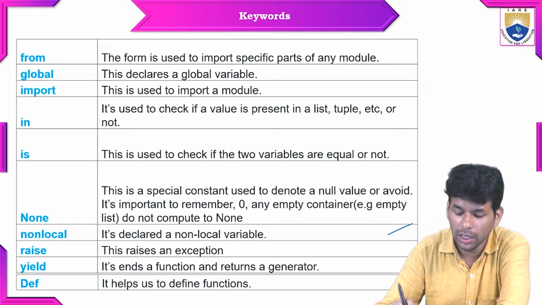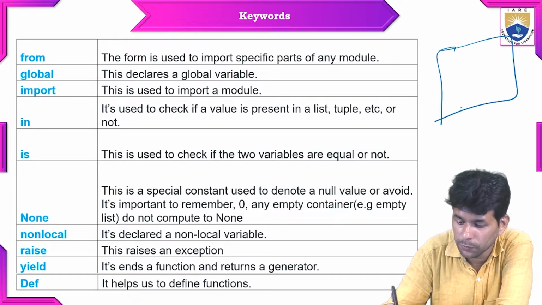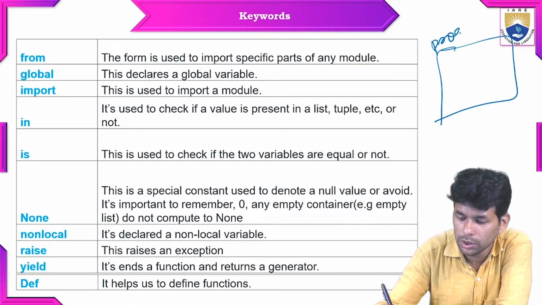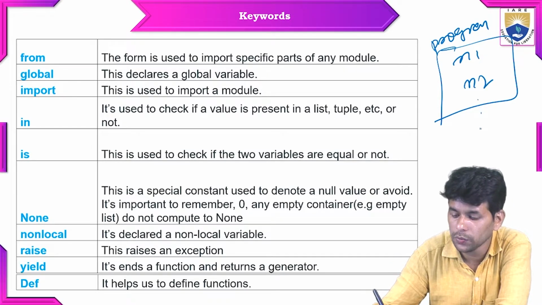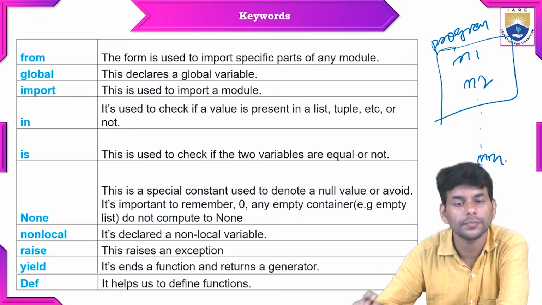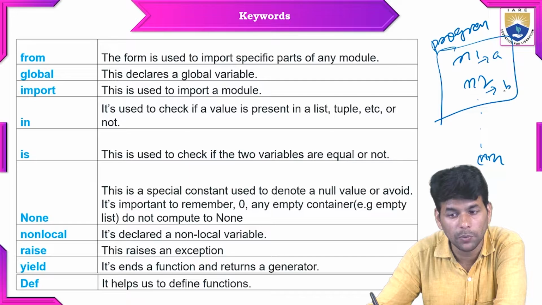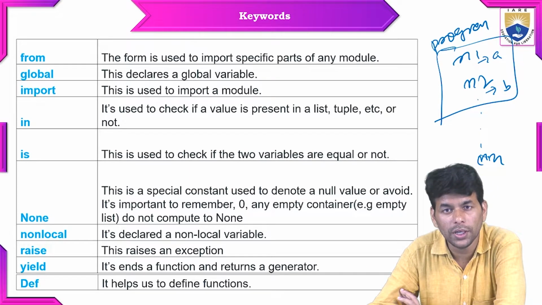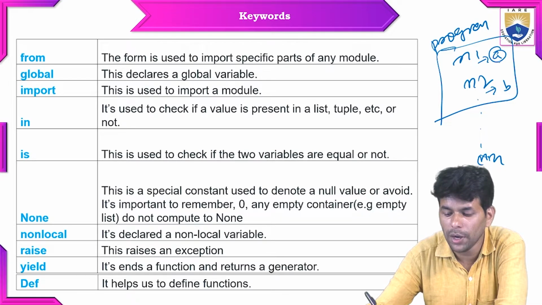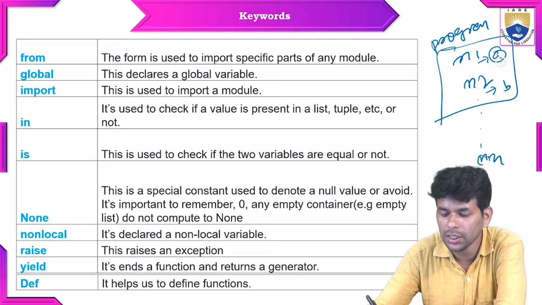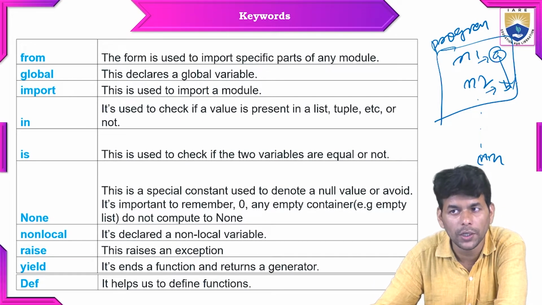In the same way, let us assume this is my program. In this particular program, I have module 1, module 2, and so on up to module n. Is that clear? In module 1, I have the variable a. In module 2, I have the variable b, and so on. Now you can tell me, a belongs to which module? Module 1 only. That means module 1's value a is nonlocal to module 2.